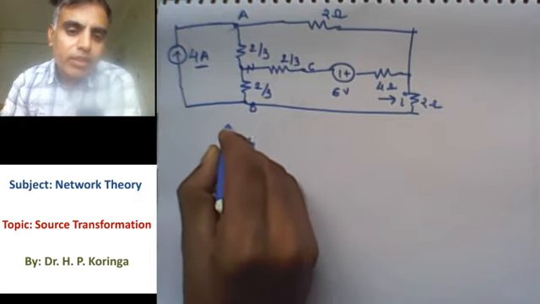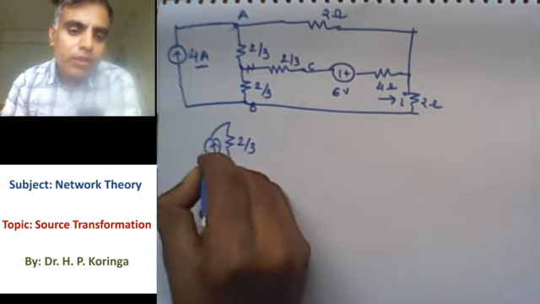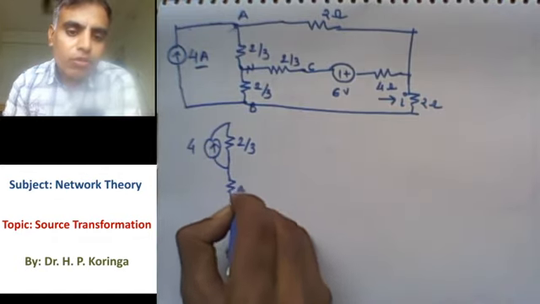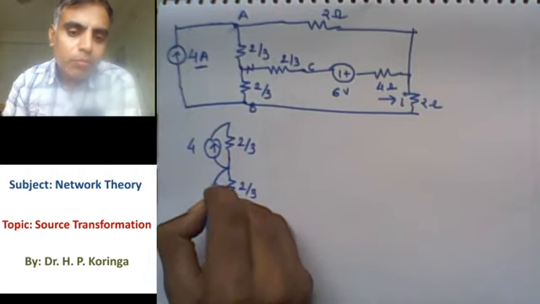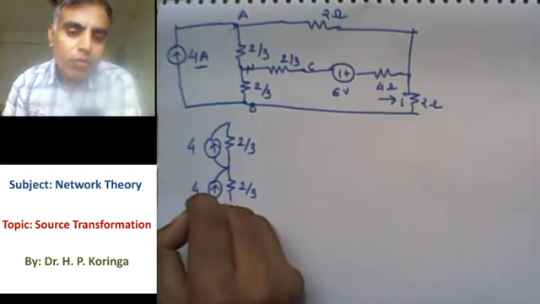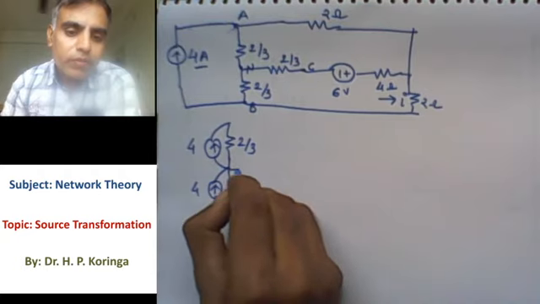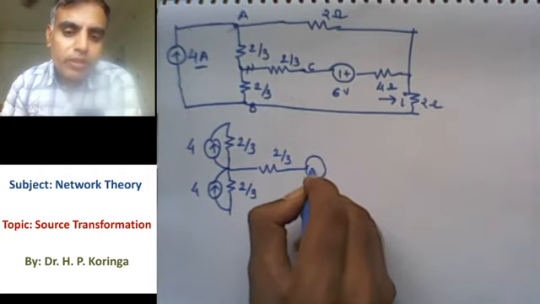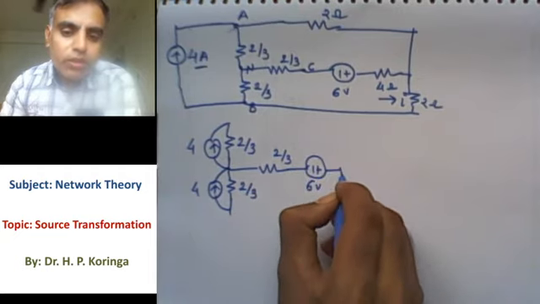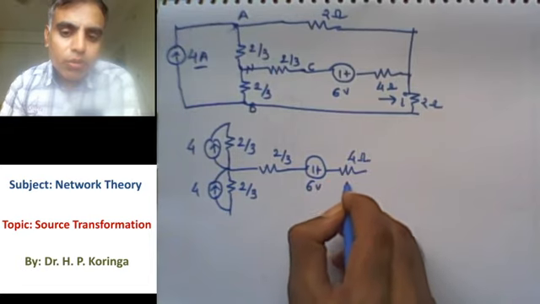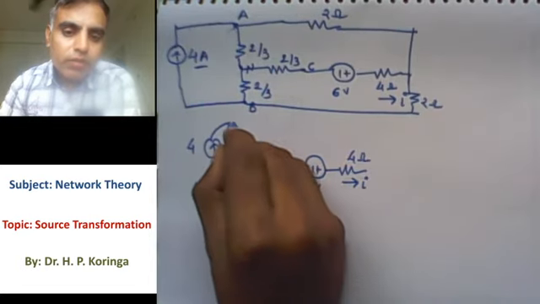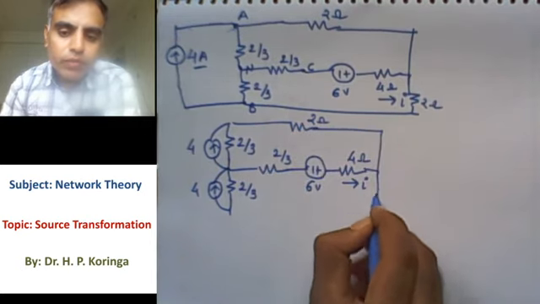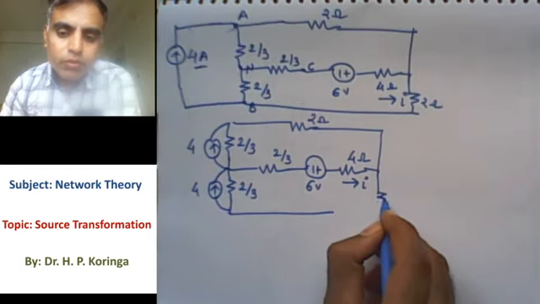This 2 by 3 has a parallel 4 ampere, and here also 2 by 3 has a parallel 4 ampere, with 6 volt, the 4 ohm through which we want to find the current, 2 ohm and 2 ohm.